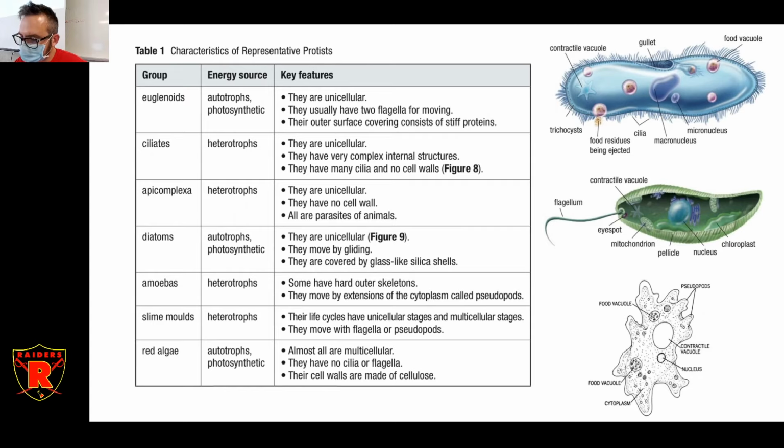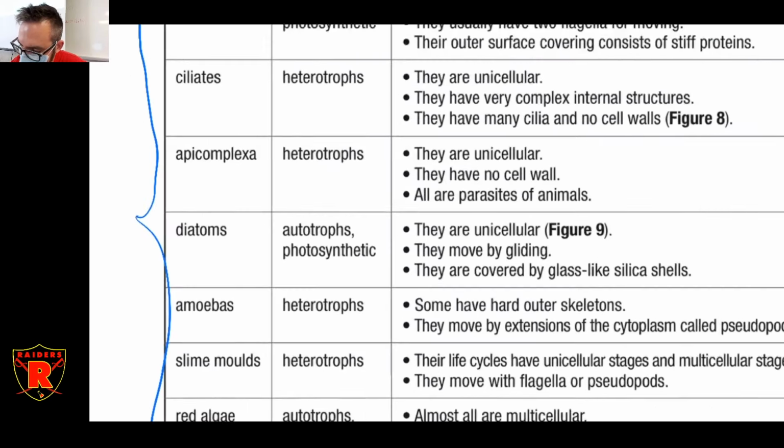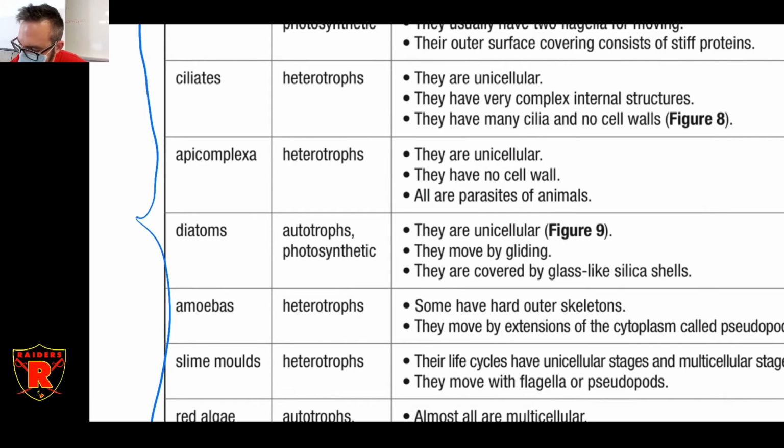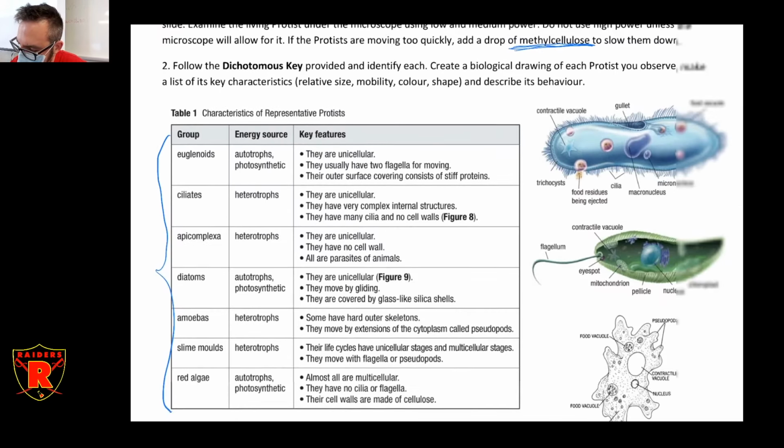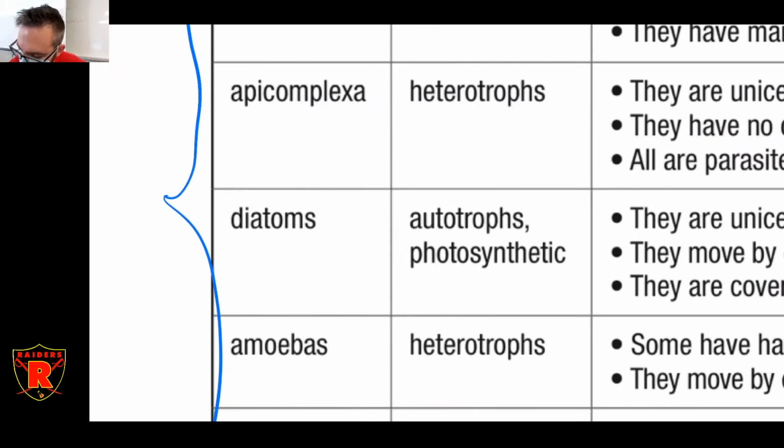These are the major groups of protists. I'm just going to write it again. These are the major groups, otherwise known as phyla.